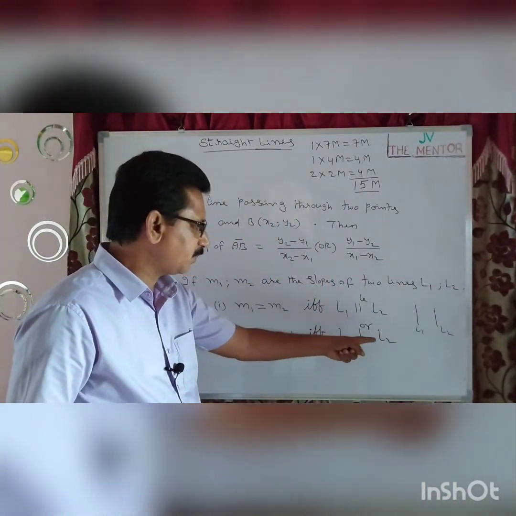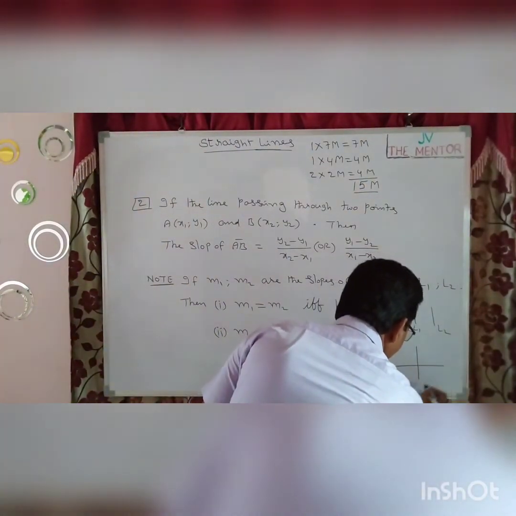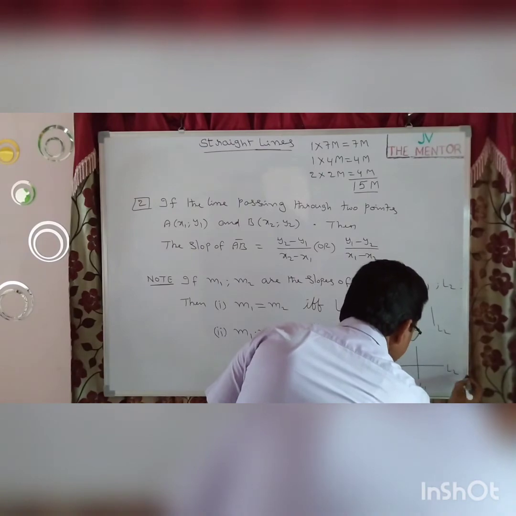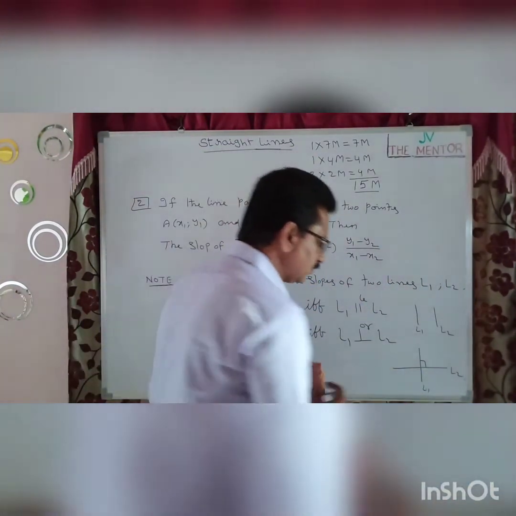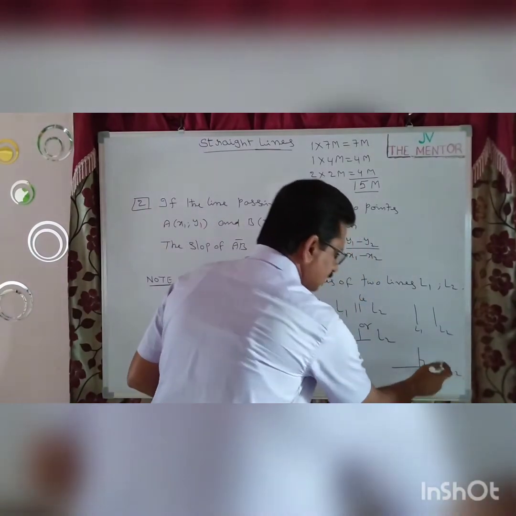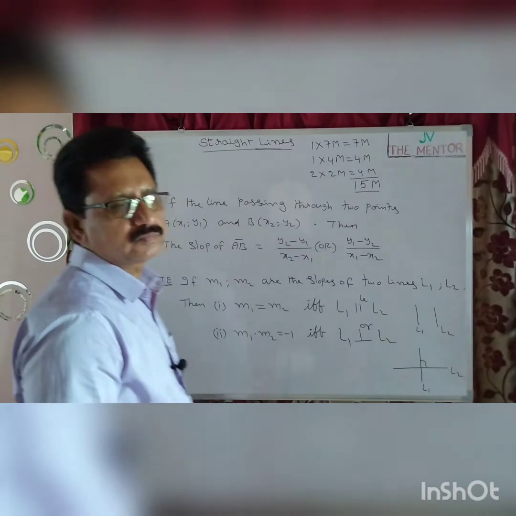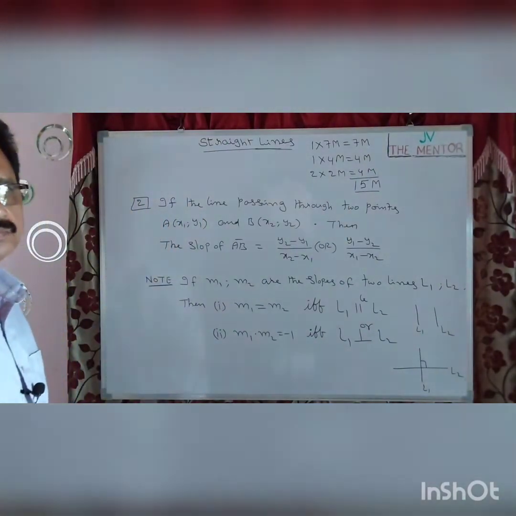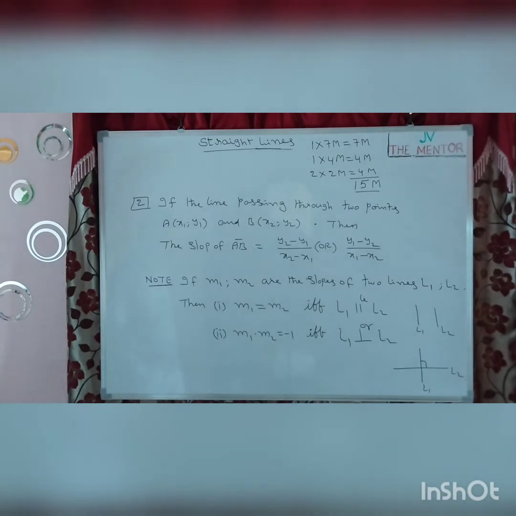L1 is perpendicular to L2. That means this is L1, this is L2. L1 is perpendicular to L2. Write down.